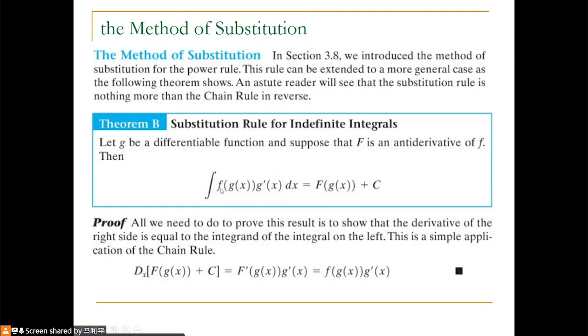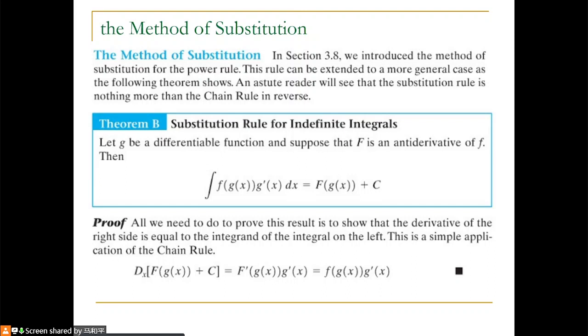Then the integral of f(g(x)) g'(x) is equal to F(g(x)) plus c. And remember, we have learned it before, right? In section 3.8, we learned the substitution for indefinite integrals. Here, we just review it.